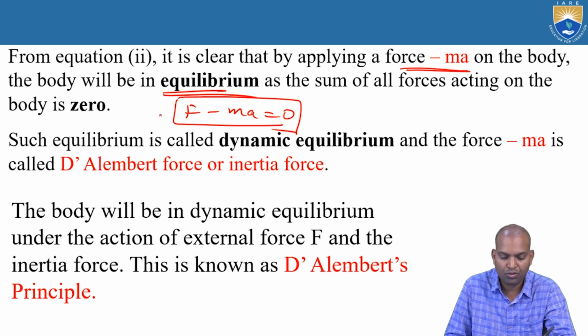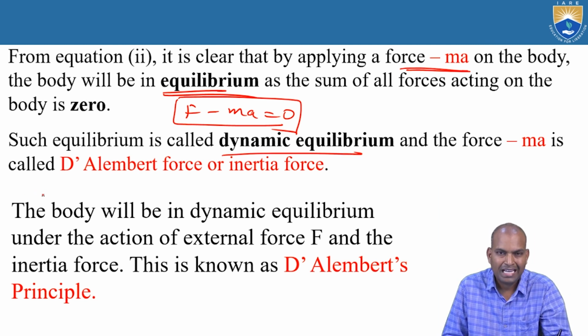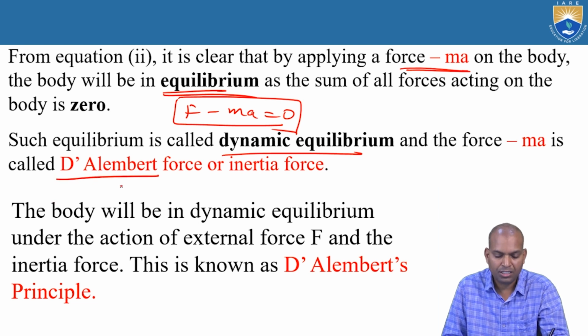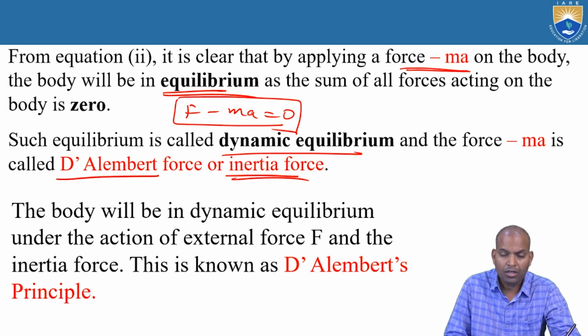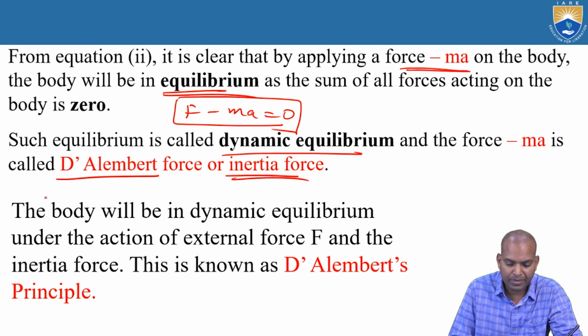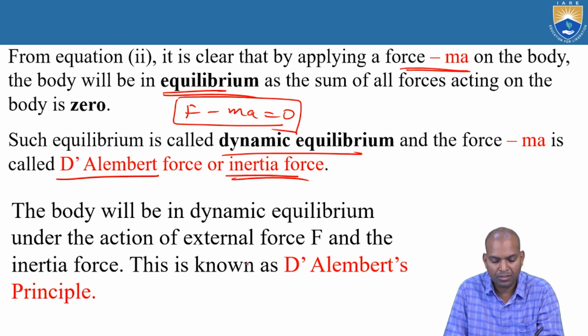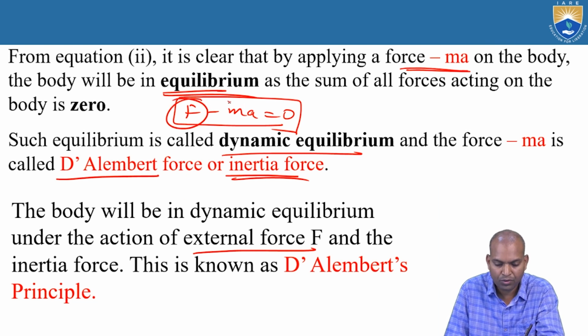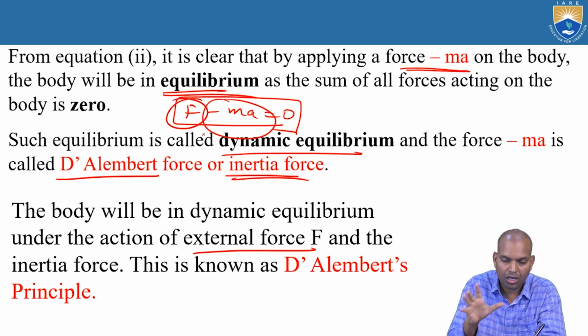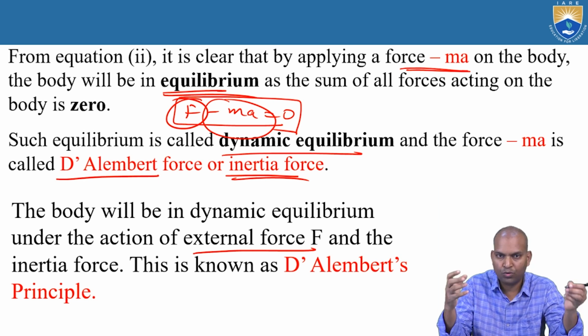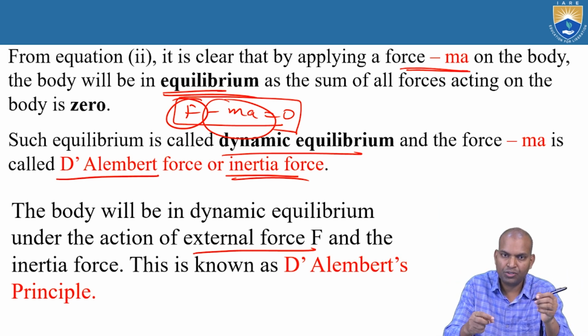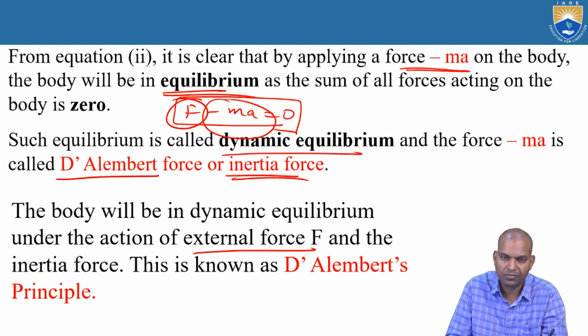Such equilibrium is known as dynamic equilibrium, and this negative ma is known as the D'Alembert's force or inertia force. So the body will be in dynamic equilibrium under the action of the external force F and the inertia force negative ma. Their algebraic sum equals 0. That means both forces are equal in magnitude but opposite in direction. That's why the body will be in dynamic equilibrium.